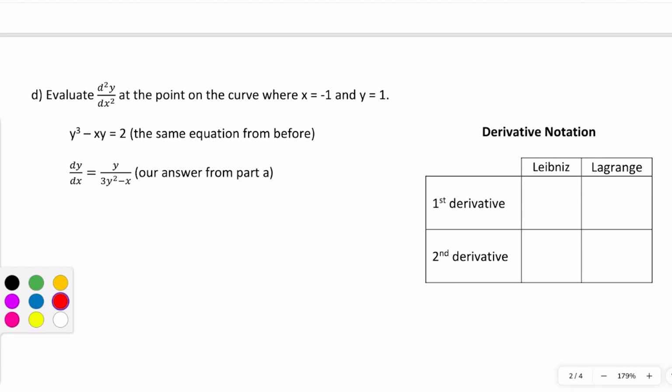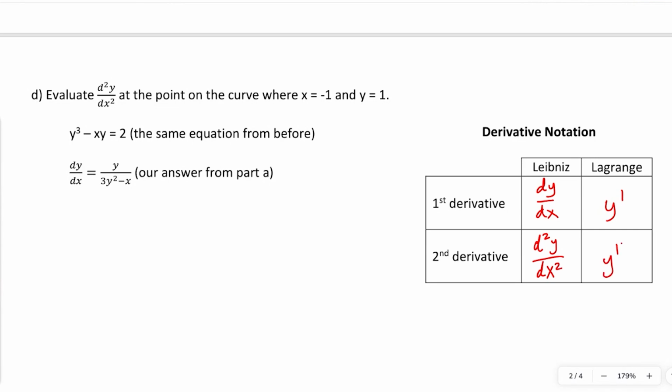For the first derivative, the Leibniz notation is dy dx, where the Lagrange notation is y prime. You don't need to know these by name, okay? And for the second derivative, the Leibniz notation looks like d squared y over dx squared, whereas the Lagrange notation is just y with 2 apostrophes. So it's just 2 different ways of saying the same thing.